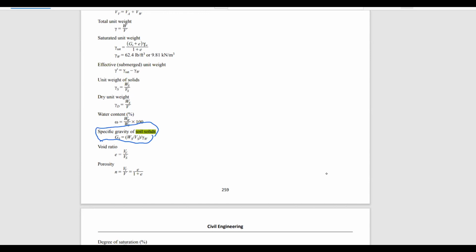And then Ws, the weight of solids over the volume of solids, is the unit weight of solids. So here, I can also rewrite this formula: Gs is equal to gamma s divided by gamma water.